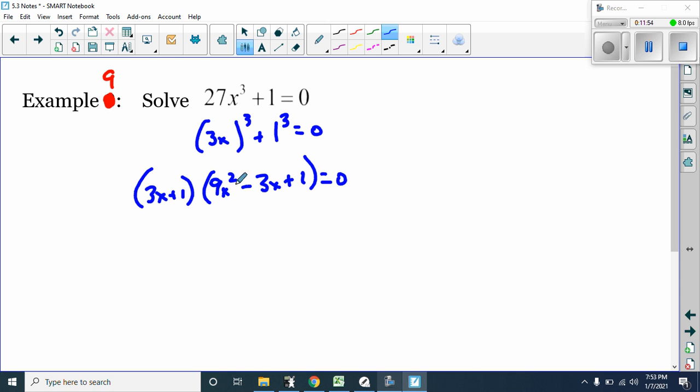So that should be the factors. Once I know I have two factors and they multiply to give me 0, I know one of those factors is 0. So either 3x plus 1 is 0, or 9x squared minus 3x plus 1 is 0.